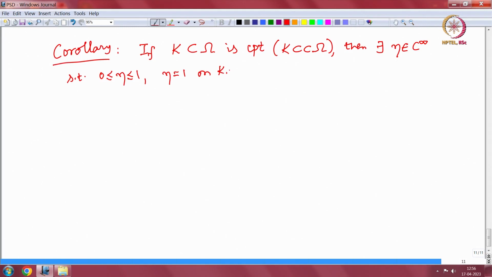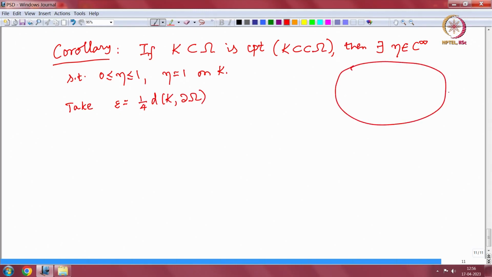Here you just take, if omega has finite boundary, one fourth of the distance between the compact subset and the boundary. So this is del omega, this is omega, and the compact subset is here.